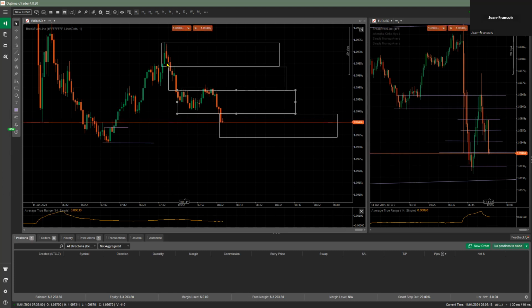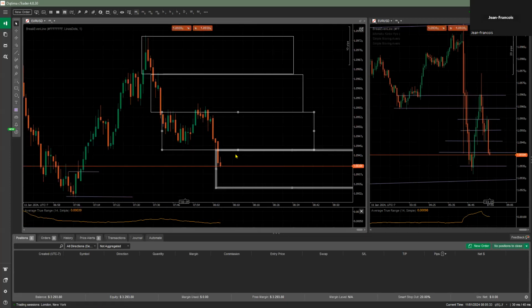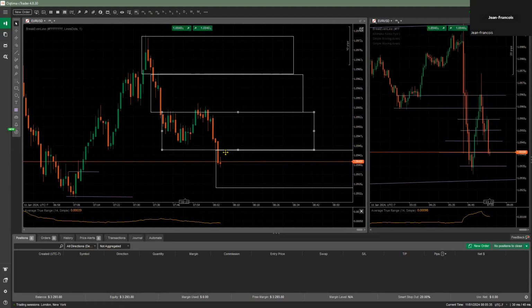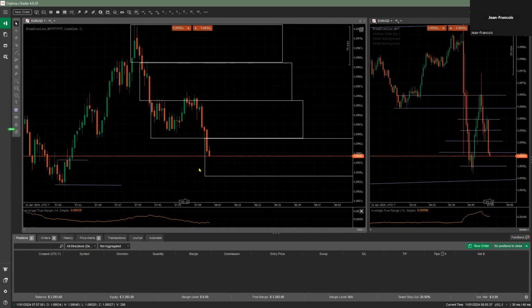You know, the difference between this and this, right? So staying in the box tells us one thing versus breaking the boxes. Right? So if we can see green here in this upper area of the lower box, we want to sell that.